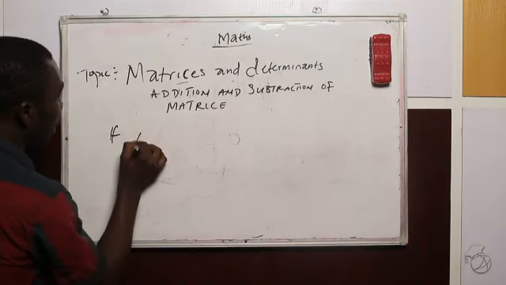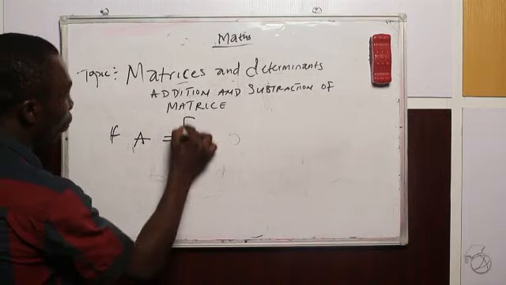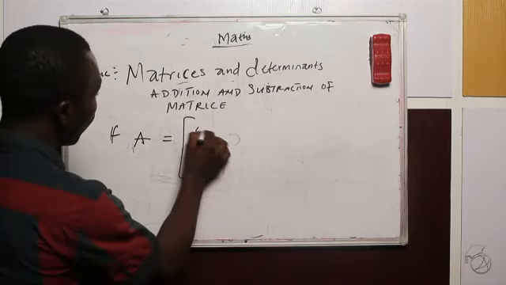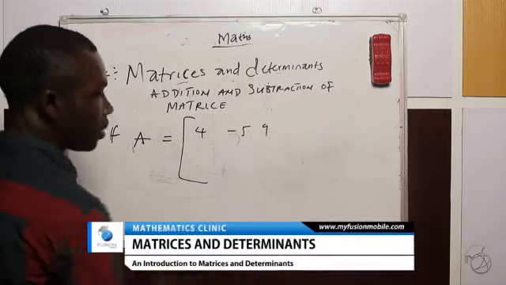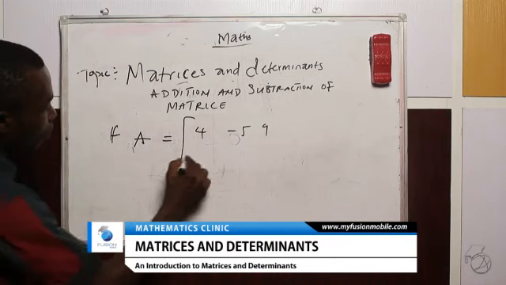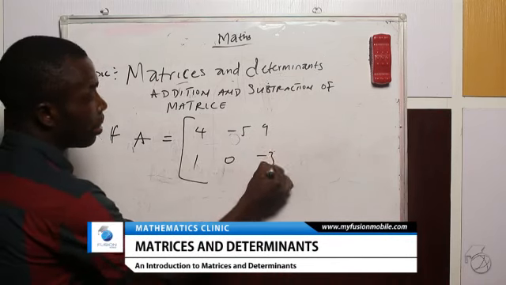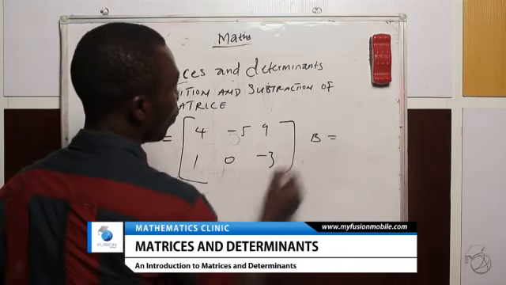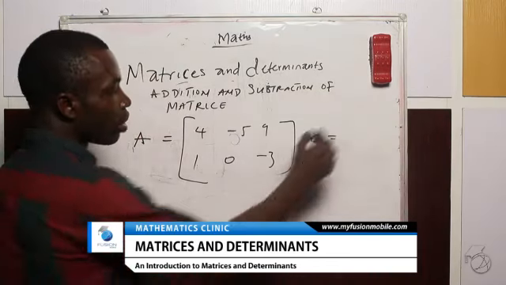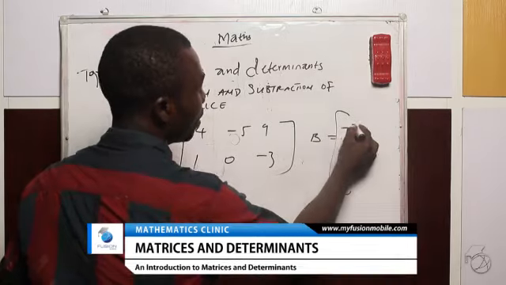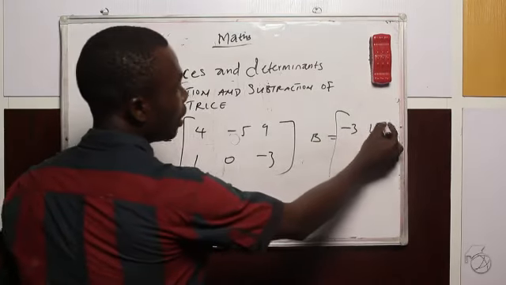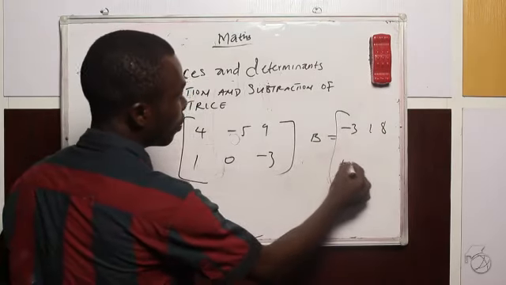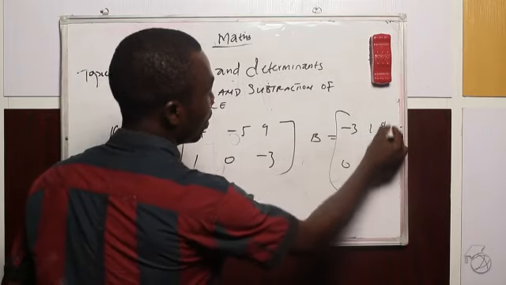If A is equal to 4, minus 5, 9, 1, 0, minus 3, and B is equal to minus 3, 1, 8, 0, 2, minus 6.